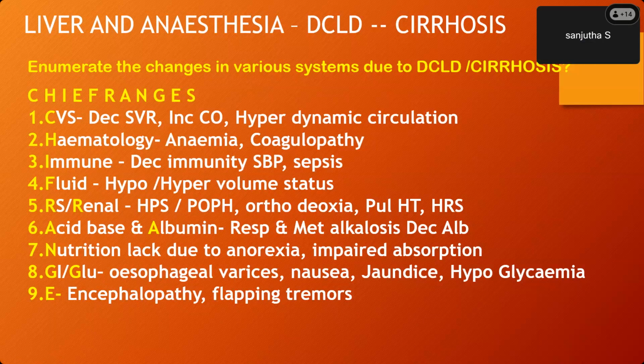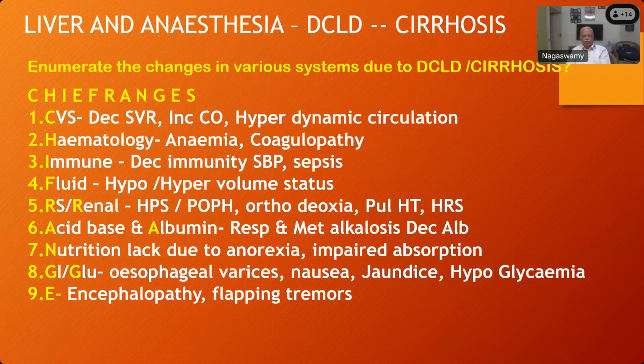Ammonia cannot be excreted in the urine directly, so it has to be converted to urea. Ammonia plus carbon dioxide produces urea. Remember that simple step.